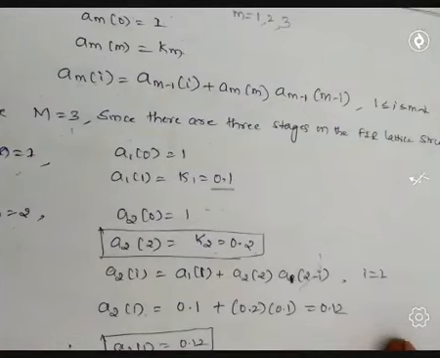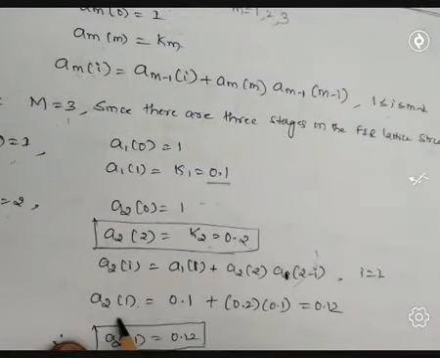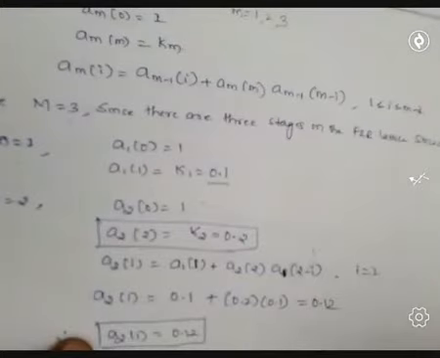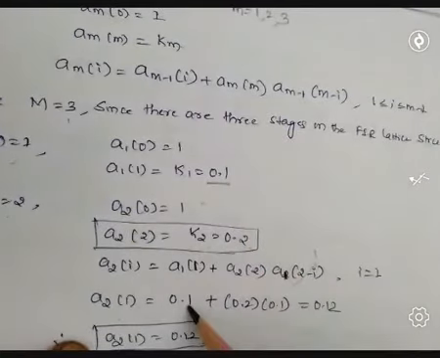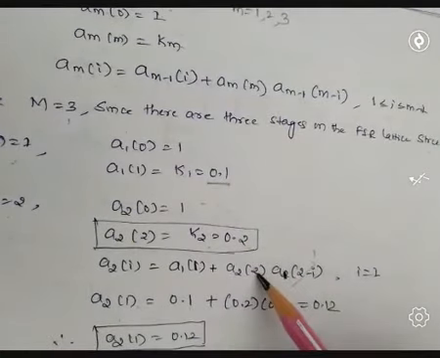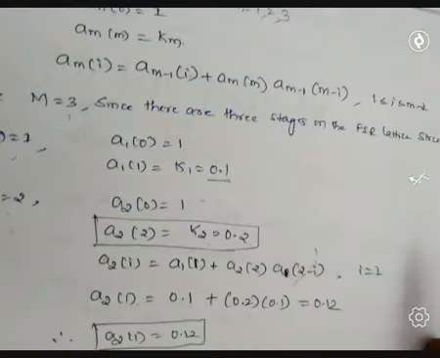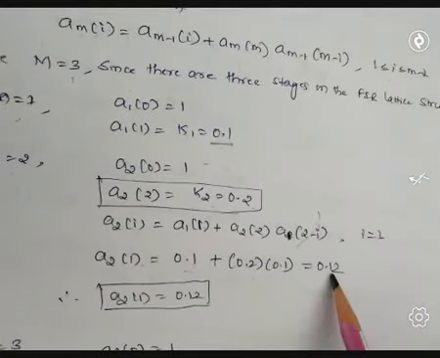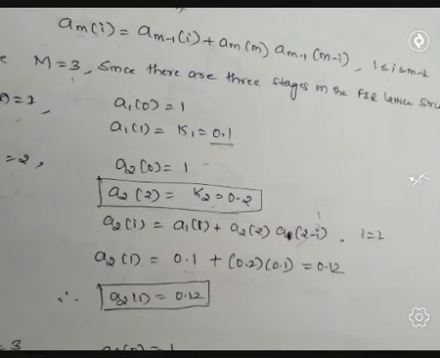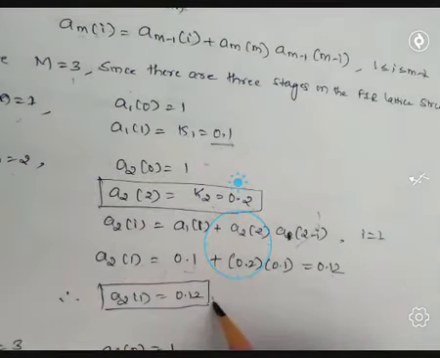For the simplification, A2 of 1 as it is, A1 of 1 is 0.1. Then A2 of 2 is 0.2, multiplied by A1 of 1, which is 0.1. After simplifying this, we are getting 0.12. Hence, A2 of 1 equal to 0.12 we got.